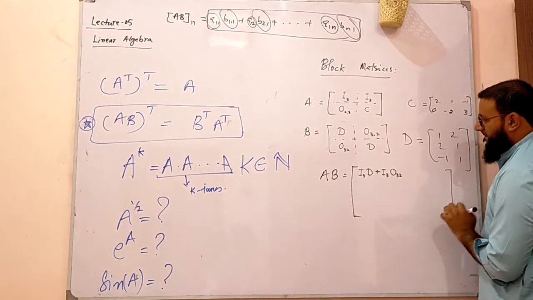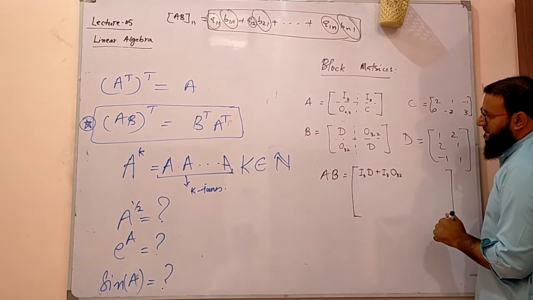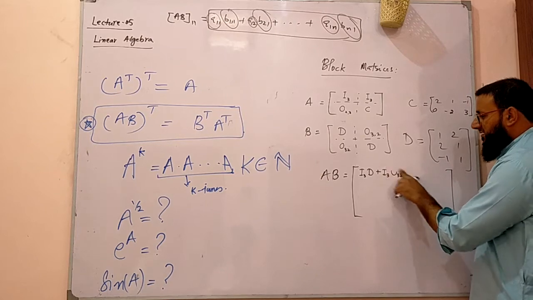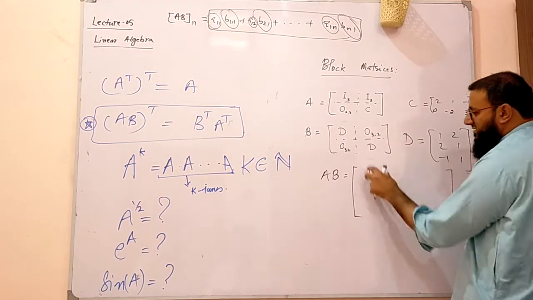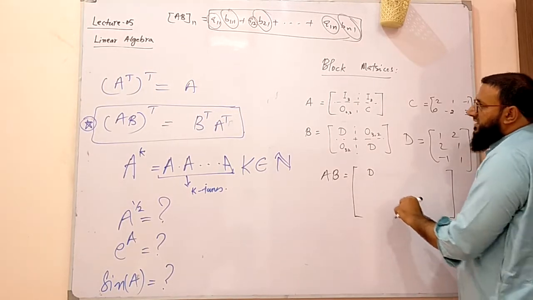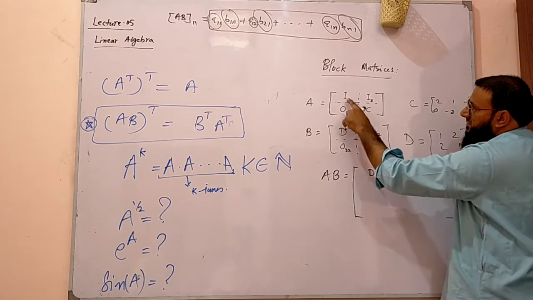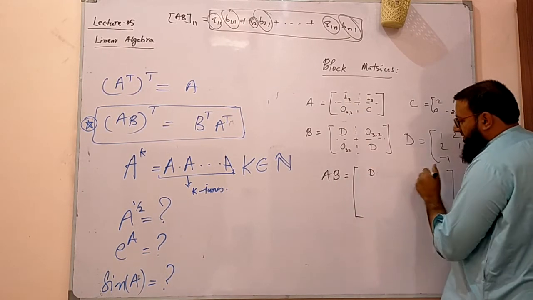This will be null. This will be D. Okay fine, this will only be D. And then I multiply this with this one: identity with null, null, identity with D.